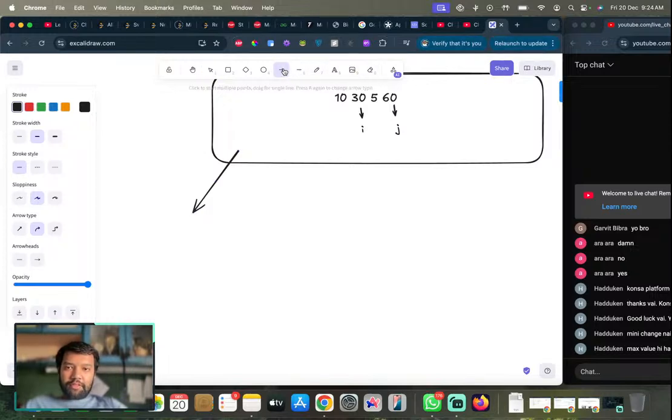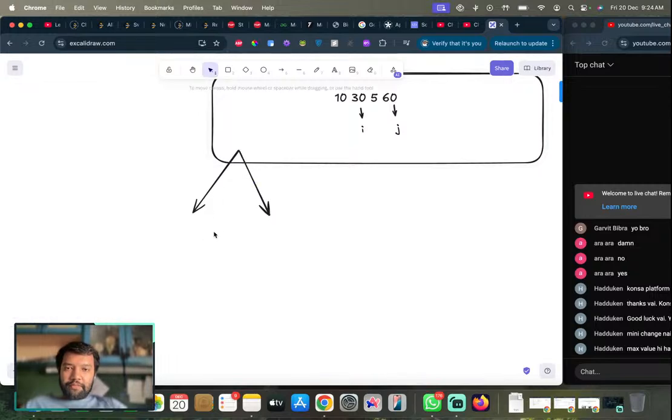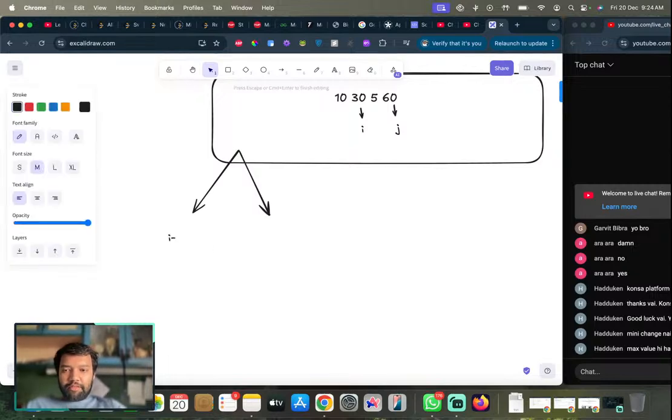Let's see. i is equal to 1, comma j is equal to 1. This is the first partition, and the second partition is i is equal to 2, comma j is equal to 0, 1, 2, 3.